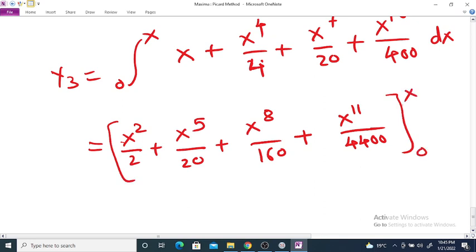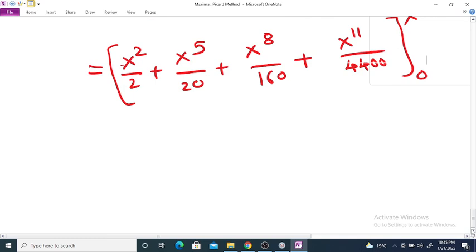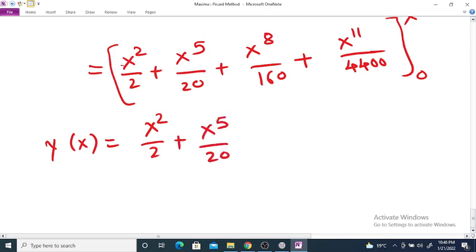So if we substitute here, for the lower limit the value is zero. For the upper limit, y of x is equal to x square by 2 plus x raised to 5 divided by 20 plus x raised to 8 divided by 160 plus x raised to 11 divided by 4400.